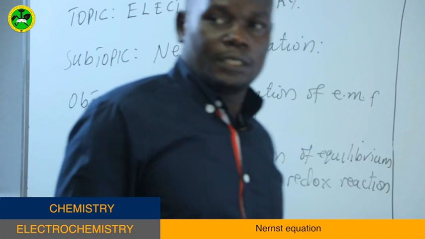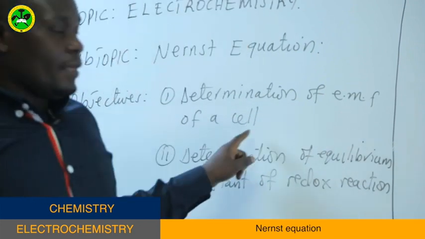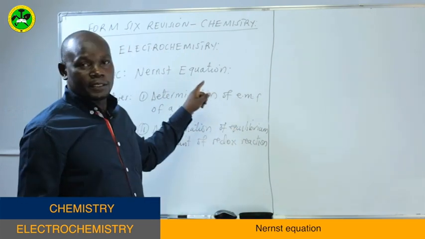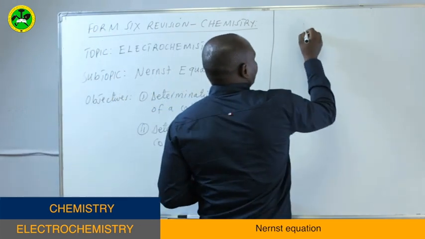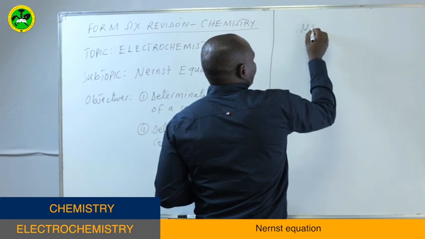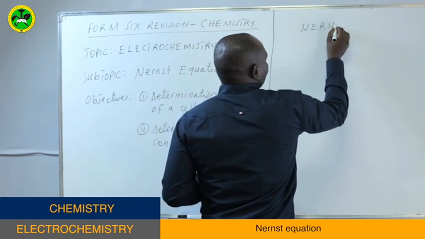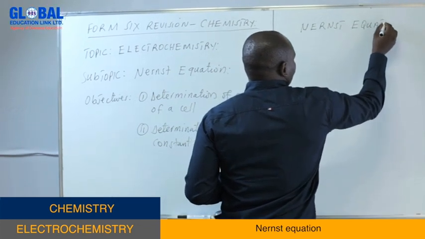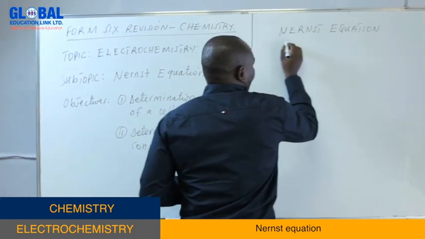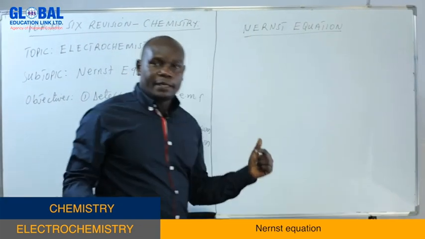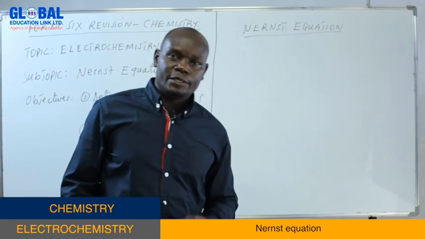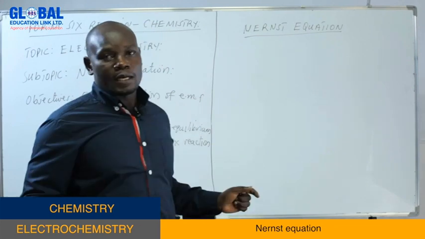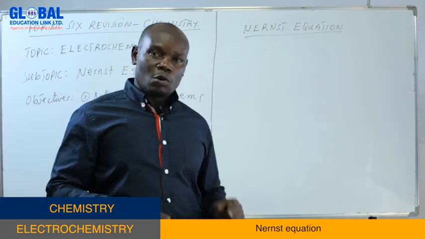So let us start with the determination of EMF of a cell. But how do you determine the EMF of a cell? By using the Nernst equation. Normally, the Nernst equation is used to determine the EMF of a cell when the electrolyte is not equal to 1 molar solution.